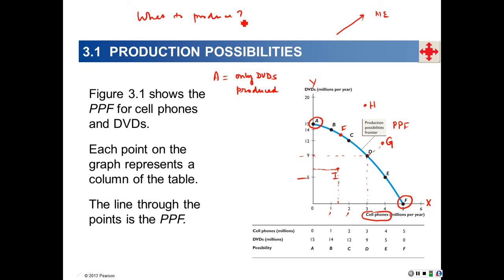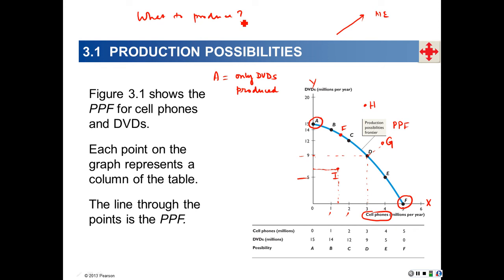Well, the question could be, of all the points on the PPF, such as A, B, C, D, E, F, and all points in between, which point should the economy choose to produce? Where on its PPF should an economy choose to locate itself?